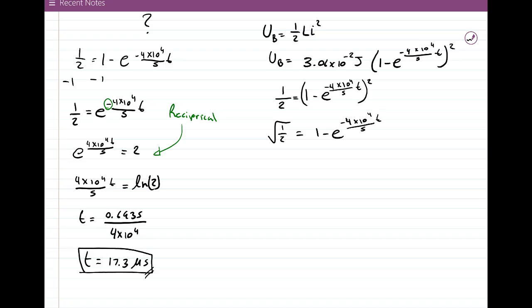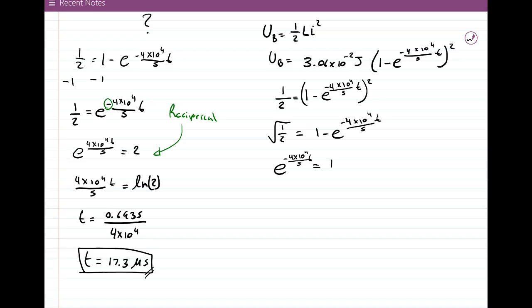Now I'm going to convert to exponent form. And I'll have negative 4 times 10 to the 4th per second times t is equal to the natural log of 1 minus 1 over the square root of 2.